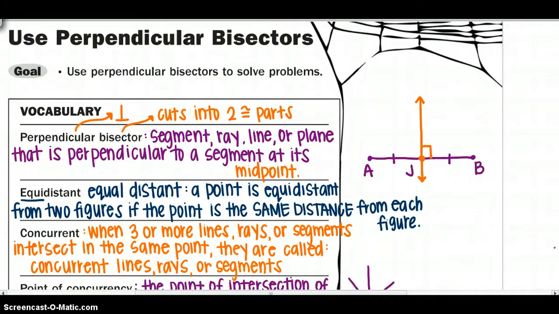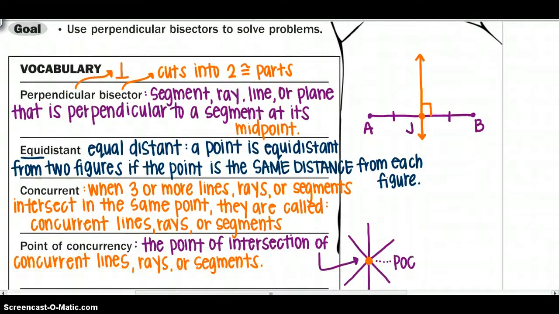Next word is called concurrent. When three or more lines, rays, or segments intersect at the same point, they are called concurrent lines, rays, or segments. And with that, the point of concurrency is the point of intersection of the concurrent lines, rays, or segments.